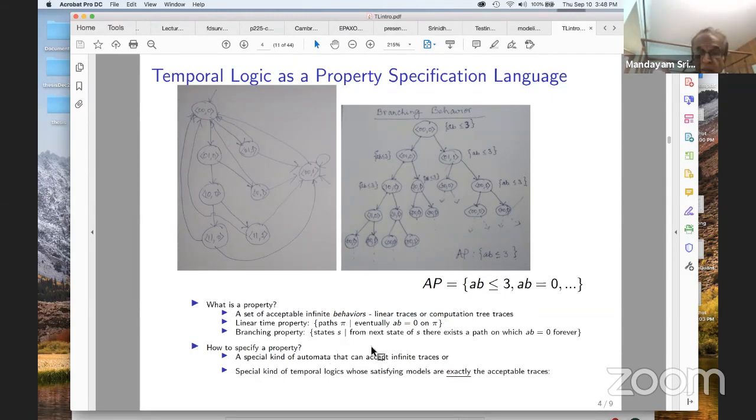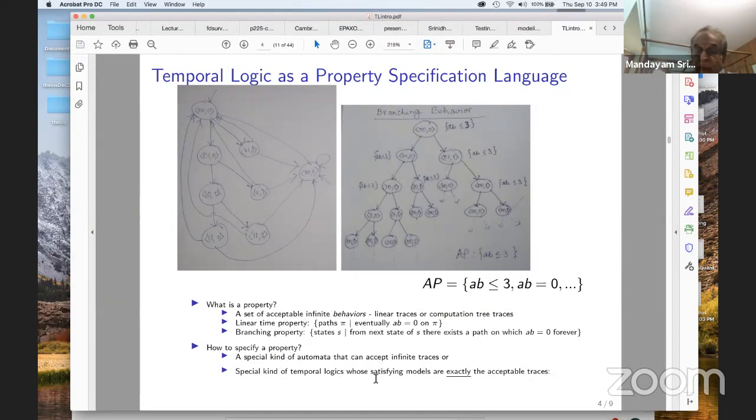Or another way is to define a special kind of temporal logic whose satisfying models are exactly the acceptable traces that are defined by the property.